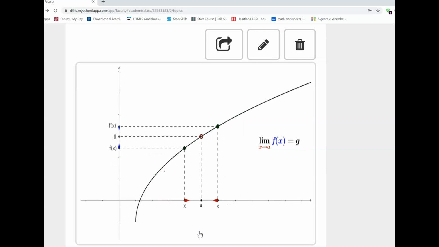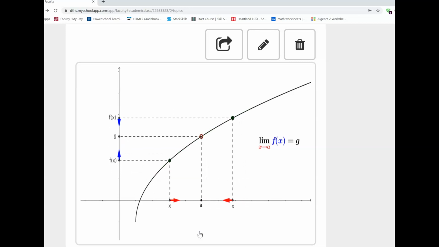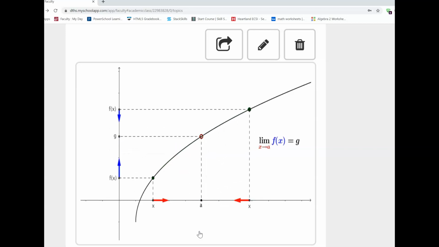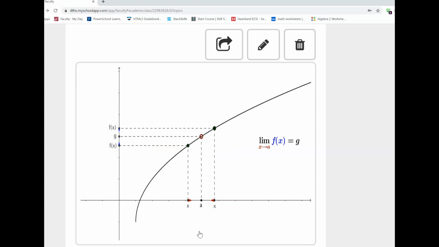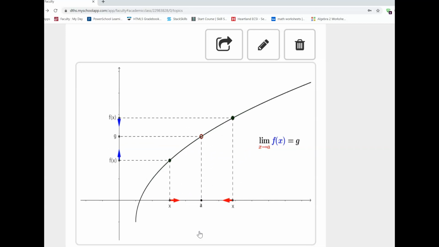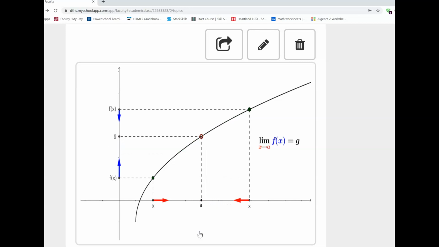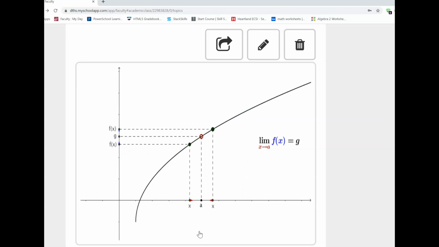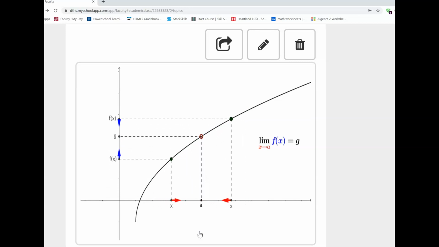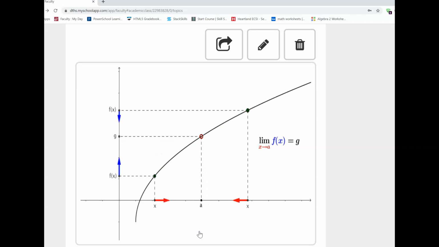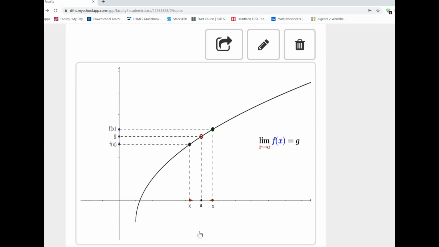So as x approaches C, or in this moving image, as my x approaches this A that's on the x-axis, given any positive number epsilon, there's another number delta such that for all x, we have 0 is less than or equal to the absolute value of x minus C, which is less than this little delta amount.